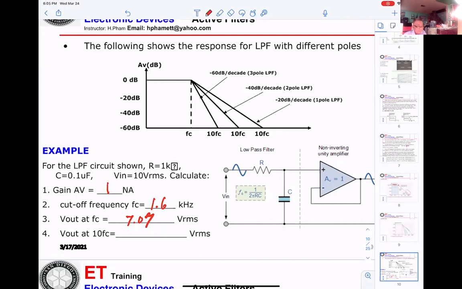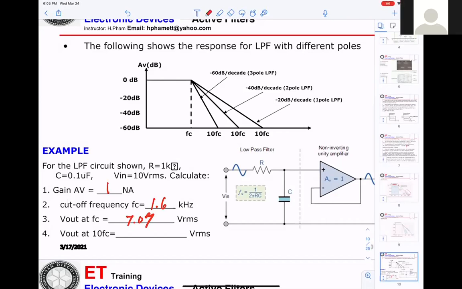And the next question will be, when they increase to 10 times the cutoff, what is the output supposed to be? Nothing to relate to the 707. You go down 20 dB, or equivalent will be 0.1.